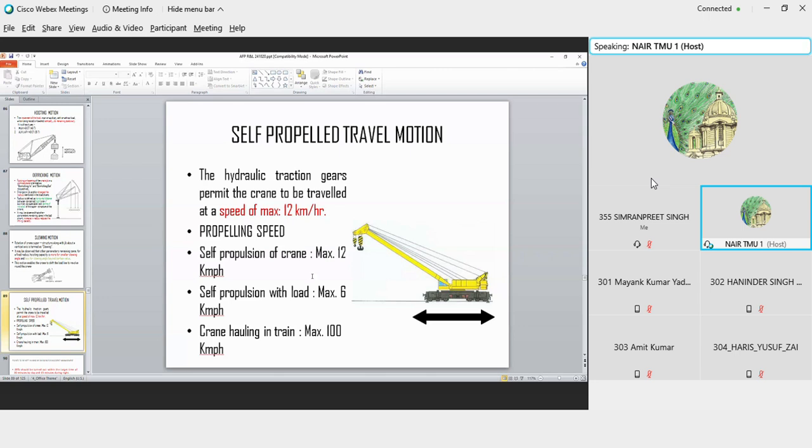Now, self-propulsion with load or without load is the condition where the crane is traveling and has not been propped, or fixed on the ground. This scenario is used when we are trying to launch girders. The 140-ton crane is also used for launching girders.